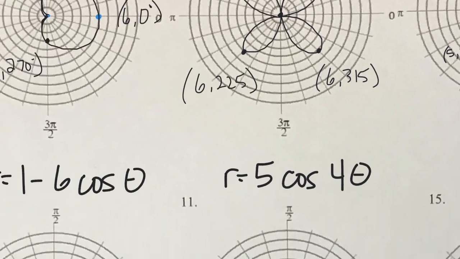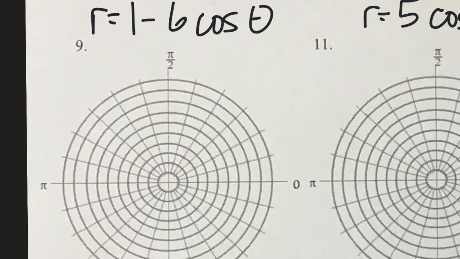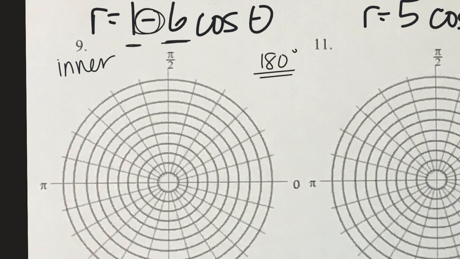All right, let's see what else we have. 1 minus 6 cosine. We decided this was an inner loop limacon because the B value is bigger than the A value. And it's negative, so that means it has a 180 degree pole symmetry. In other words, the majority of your graph will be to the left of the origin, or pi pole symmetry according to ours.